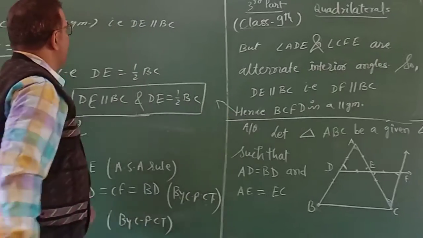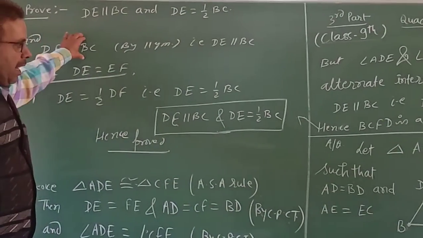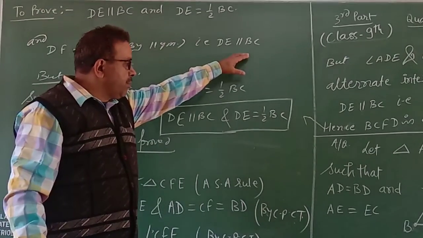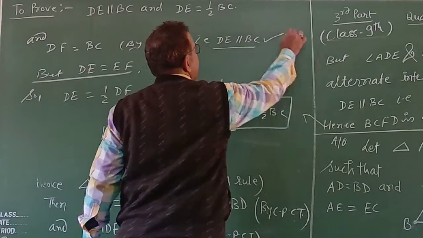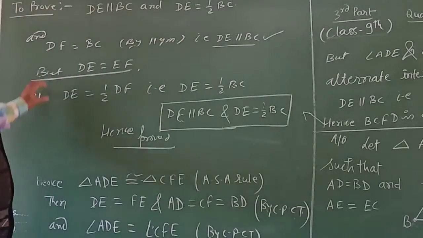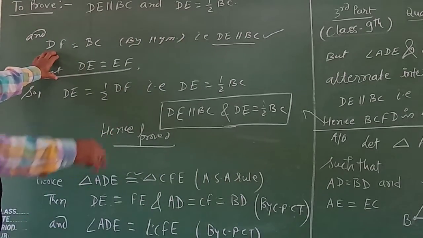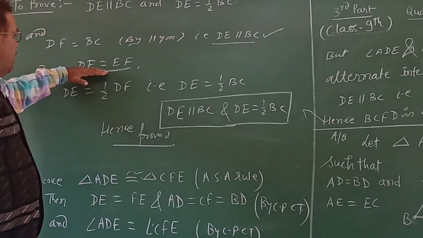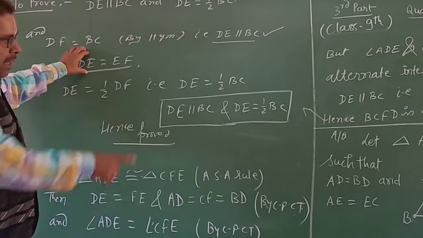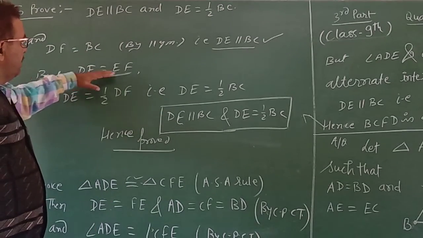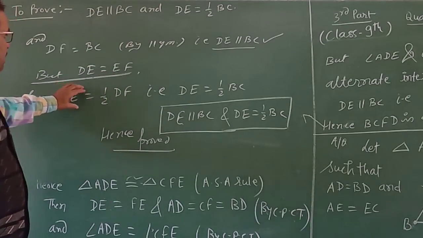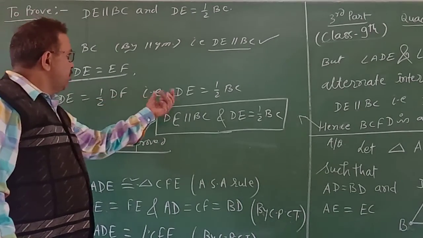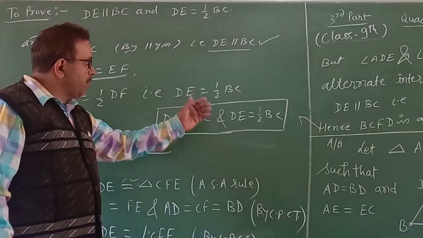After that we have DE parallel to BC by the parallelogram, meaning DE is parallel to BC. The first part is proved. For the second, with the help of the parallelogram property, opposite sides are equal to each other, and we already have DE equal to EF, so DE is equal to half of DF, and since opposite sides are equal in a parallelogram, DF equals BC.